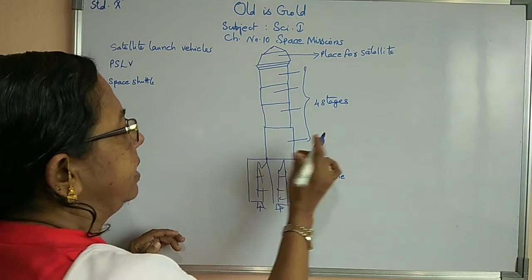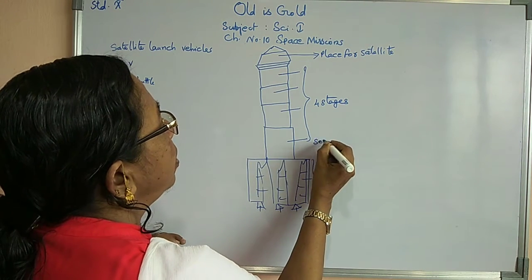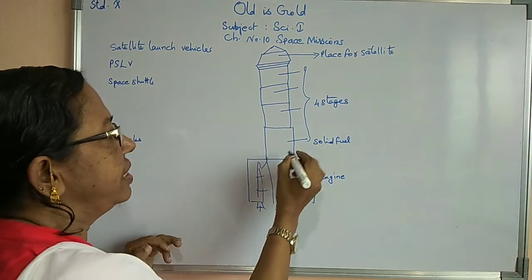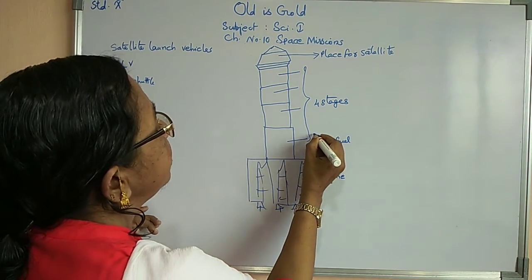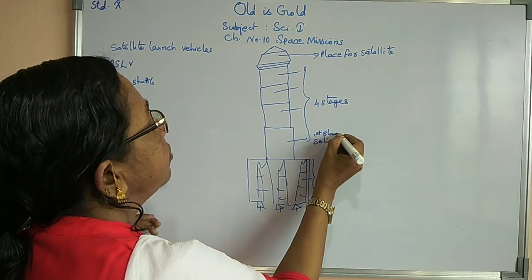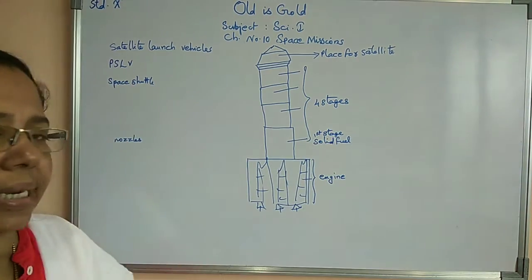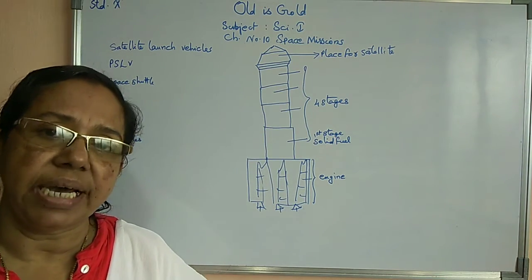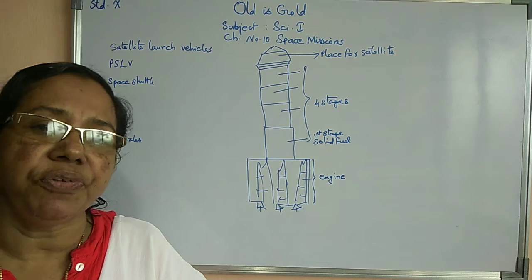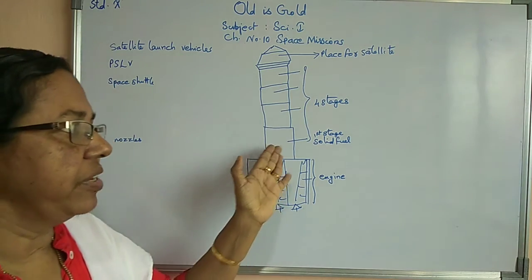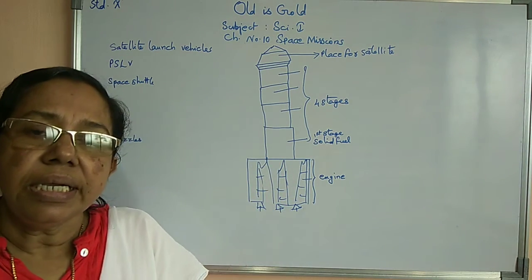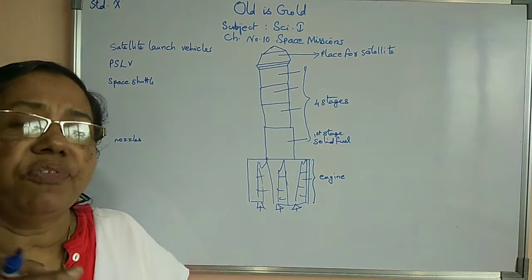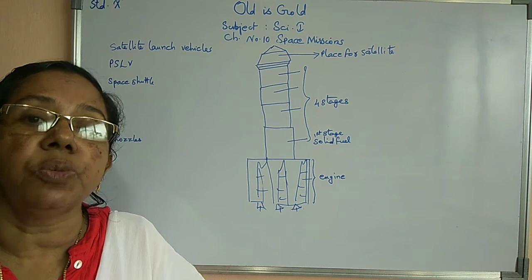Here the first stage is there. Here solid fuel is arranged. Inside the first stage, this is the first stage I am telling you, solid fuel is filled and kept. The remaining stages have different types of fuels, but in the first stage, solid fuel is kept. As it begins its launching, at that time, the solid fuel in this first stage starts to burn.